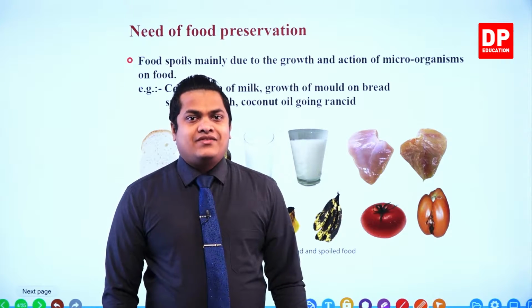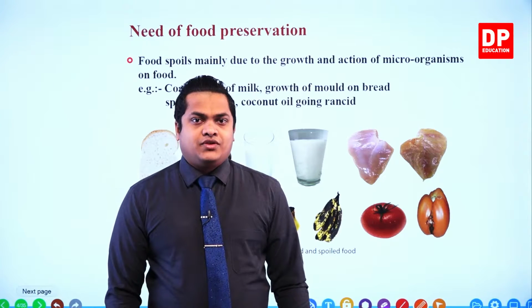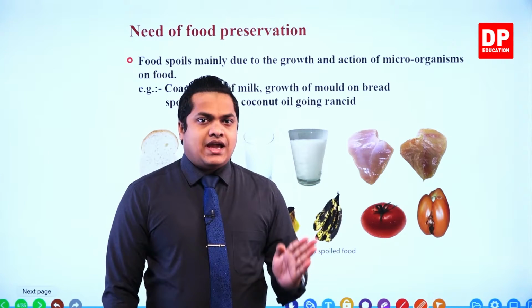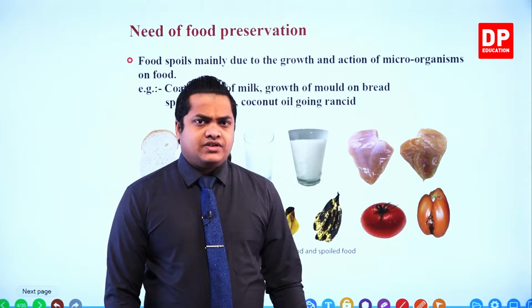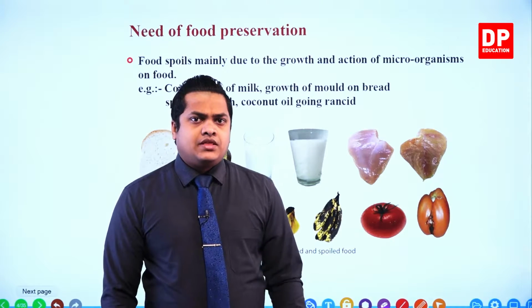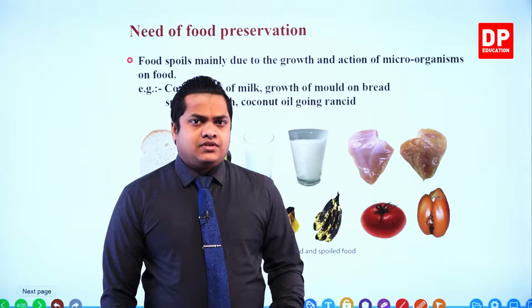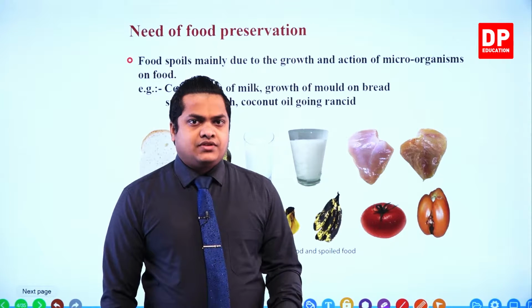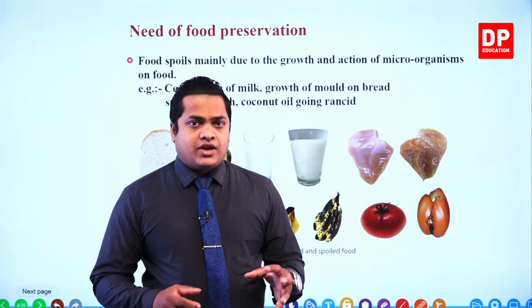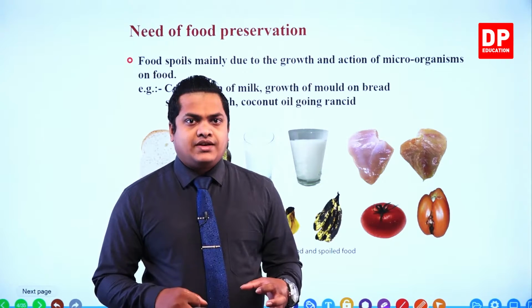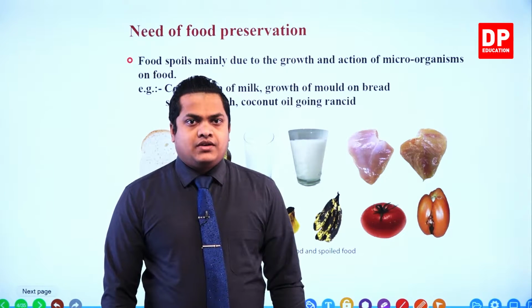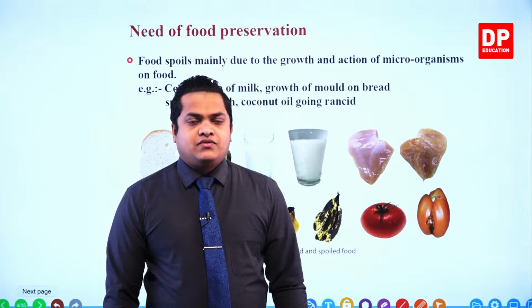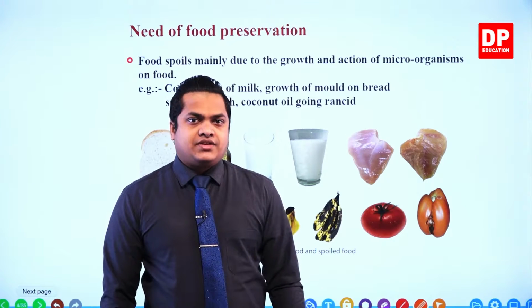That is the main reason behind the spoilage of food. If you can reduce the action of microorganisms, if you can reduce the growth of microorganisms within the food item, then you can keep this food item for a longer time period, okay? Or else you can reduce the spoilage of food up to a certain extent.